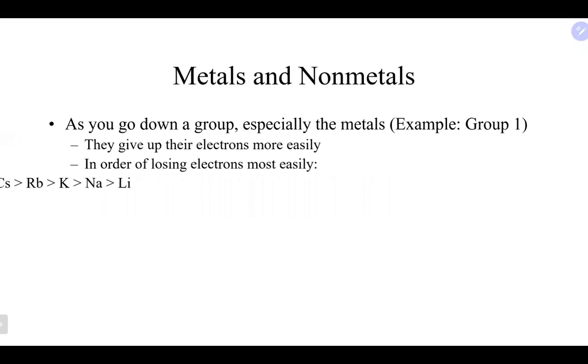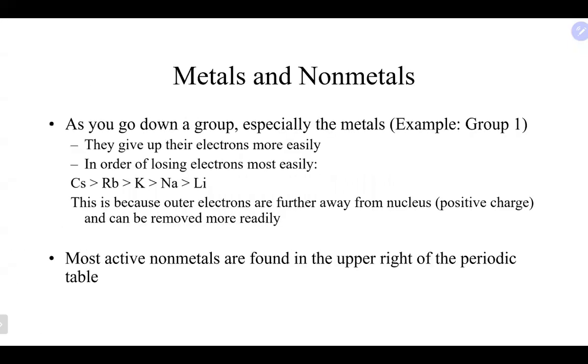So let's talk a little bit about some periodic trends as we go through this. We talked a little bit about metals and non-metals when we did the lab the other day. As you go down a group, especially in group 1, they tend to give up their electrons a lot easier. So in order of losing electrons most easily: cesium, rubidium, potassium, sodium, and lithium.